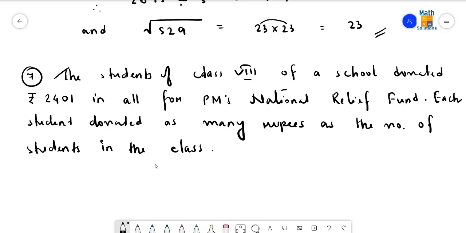Find the number of students in the class.